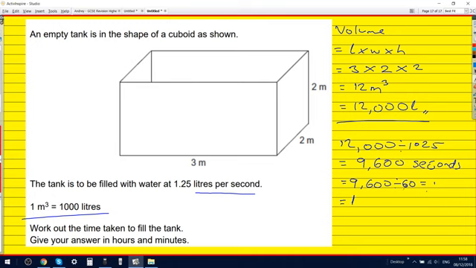So that would be is it 160 divided by 60? Yeah. So that'd be 2.6 recurring hours. So what is that in hours and minutes?